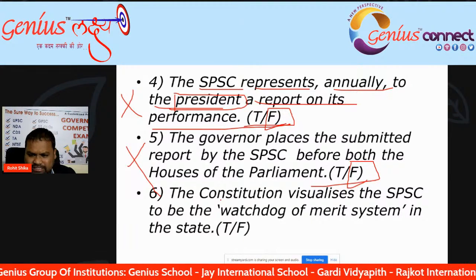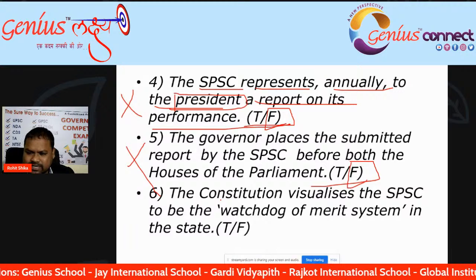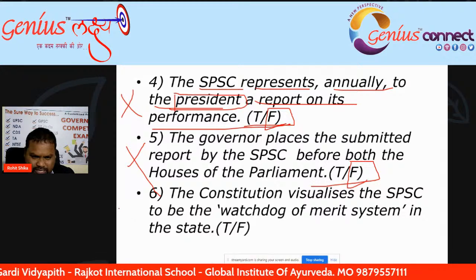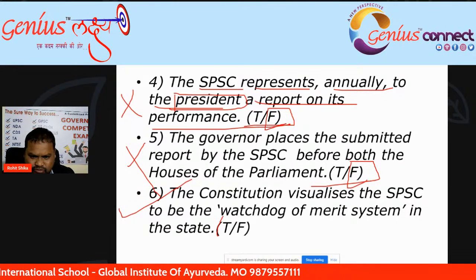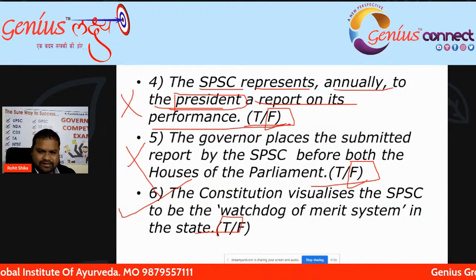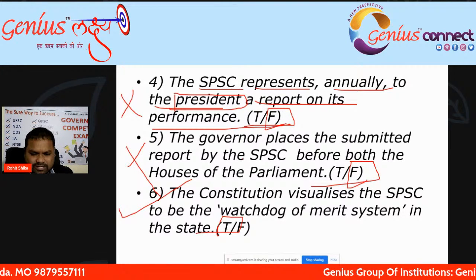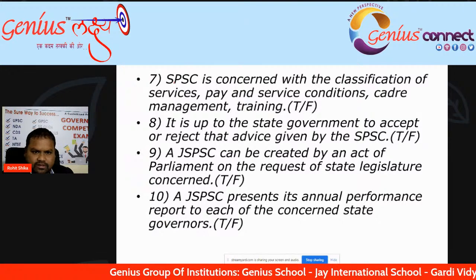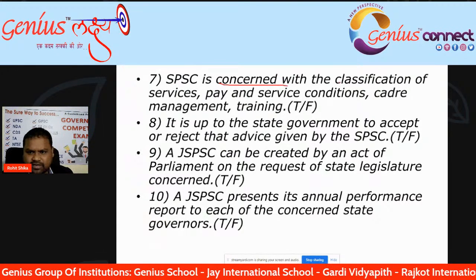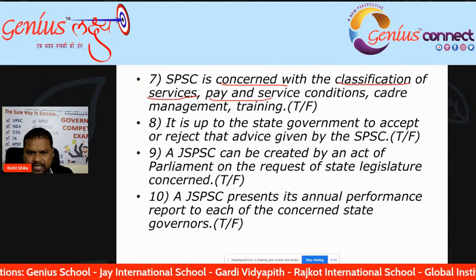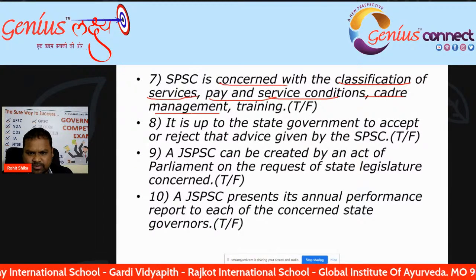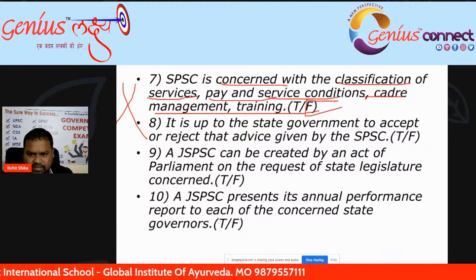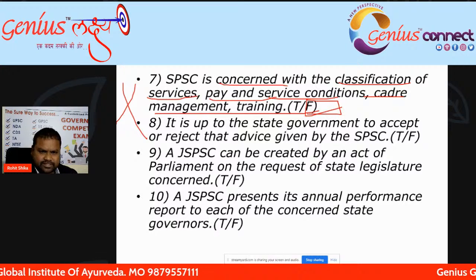The Constitution visualizes the State Public Service Commission to be the watchdog of the merit system in the state. Absolutely right. The main function is to create a merit system for the civil services. The State Public Service Commission is concerned with classification of service, pay, service conditions, cadre management, training. No, it is not concerned. The Department of Personnel is concerned with all these things. So this is a wrong answer.